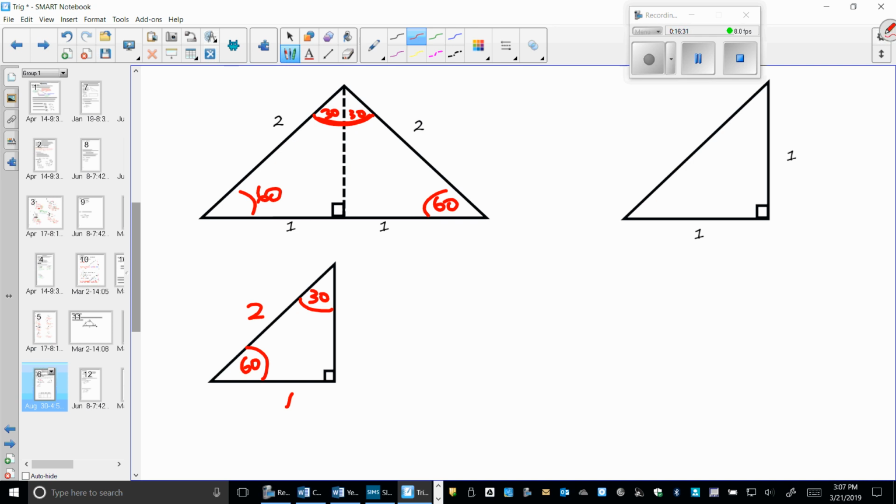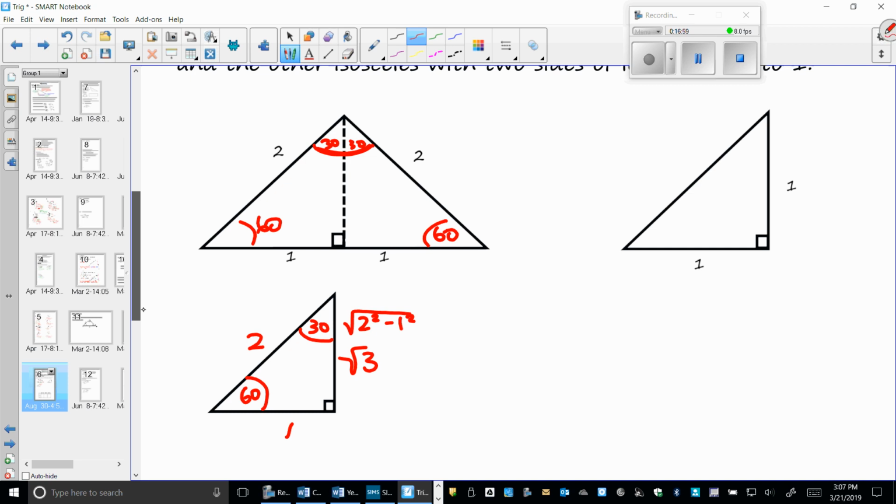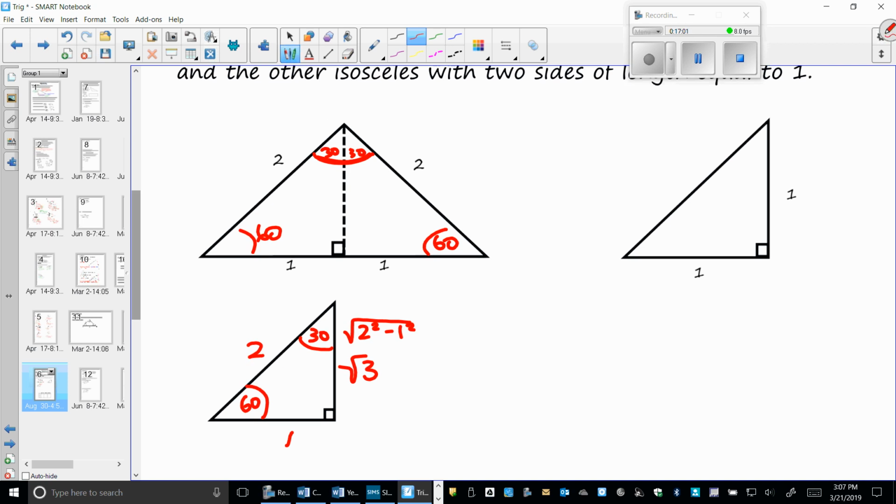Obviously I'm missing a length, but we can use good old Pythag for that. It's a short side, so it's 2 squared subtract 1 squared, so it's 4 subtract 1, which is root 3. So the triangle that you need to learn is 1, 2, and root 3, with 60 and 30 degrees.